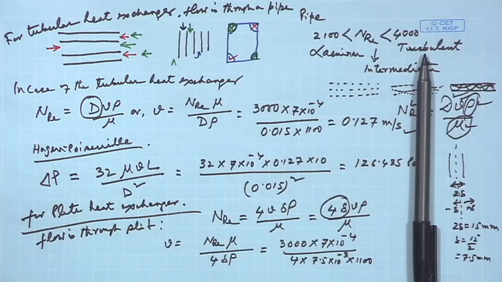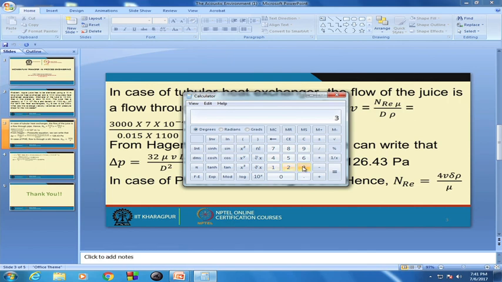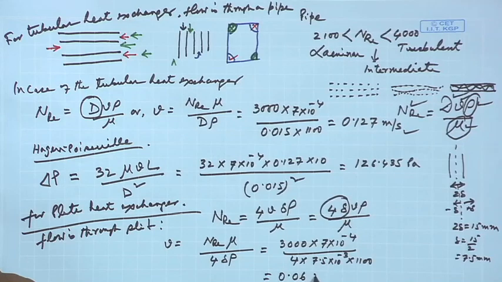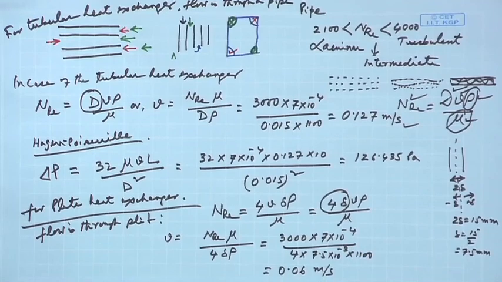And then let us see what it comes to. It comes to 3000 into 7 into 10 to the power minus 4, divided by 4 divided by 7.5 divided by 10 to the power minus 3, divided by 1100, which is equal to 0.06 meter per second.